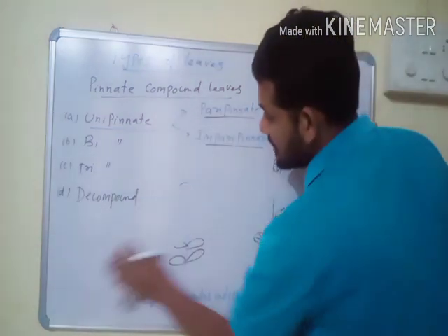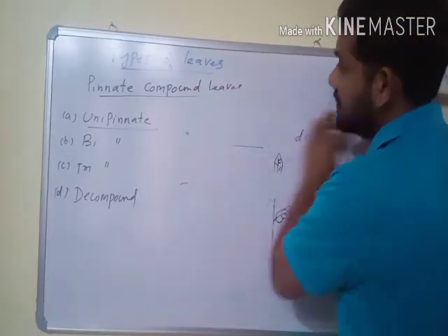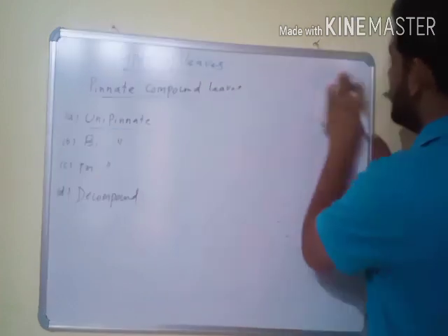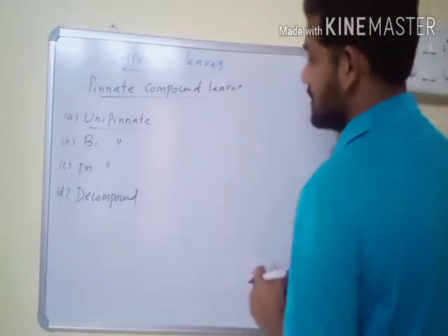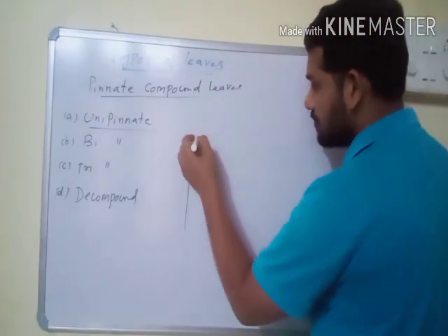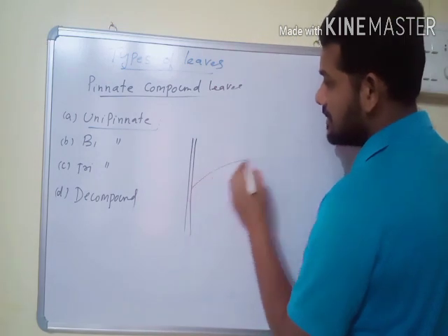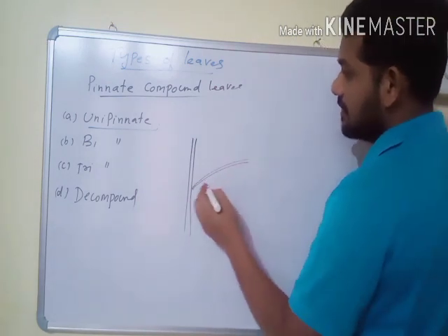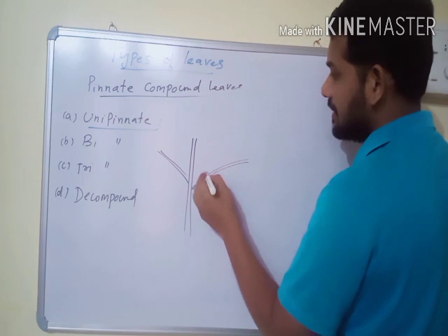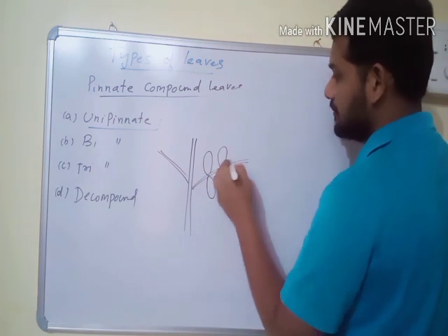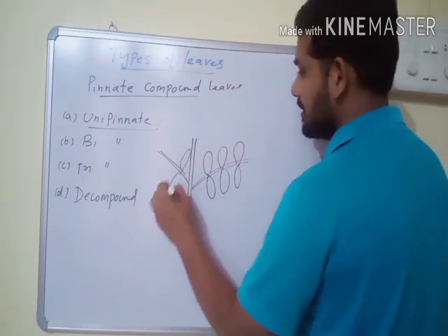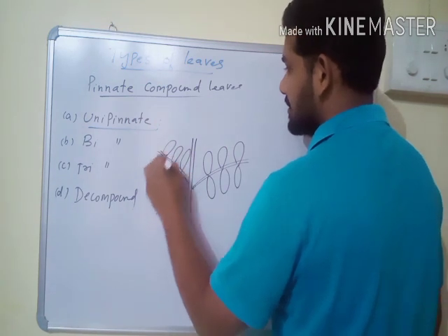And second one is bipinnate compound leaves. In bipinnate compound leaves, the leaf possesses 2 rachis. For example, this is the primary rachis, and the primary rachis produces secondary rachis, and leaflets are present on the secondary rachis.